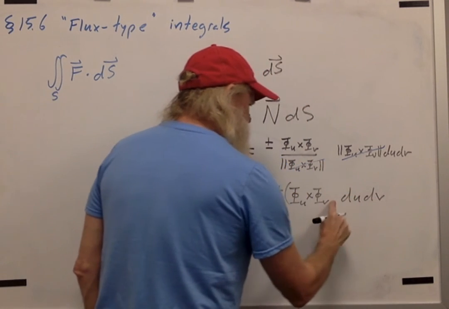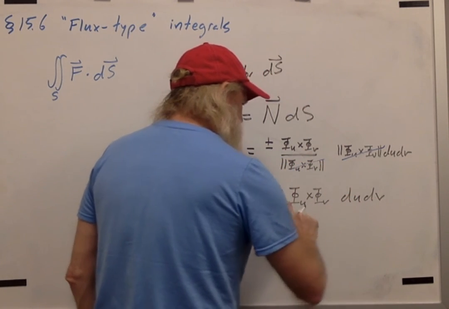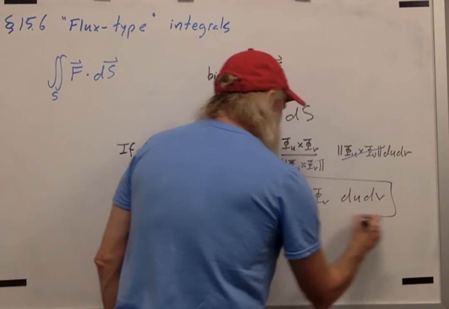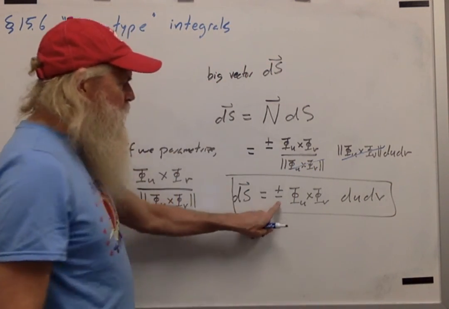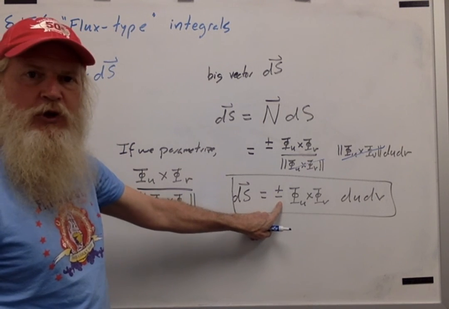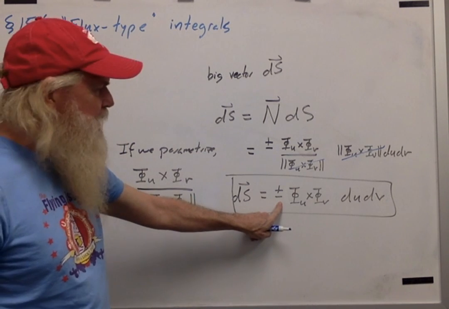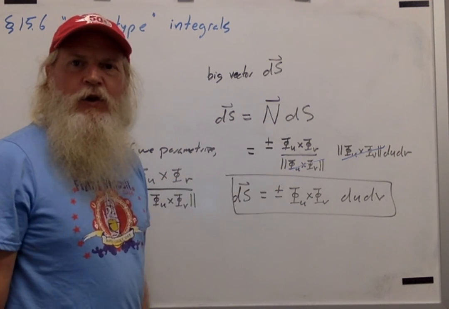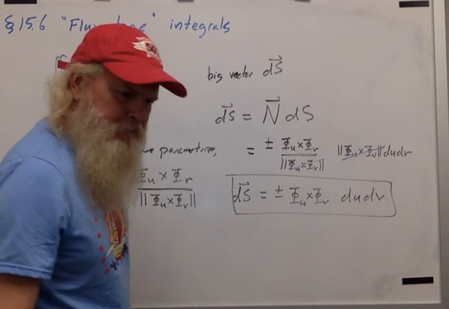I'm actually going to erase these parentheses because I don't want you to think about them as being absolute values. And in any particular problem, you have to choose the plus or minus so that this vector points in the direction of the given orientation of the surface.